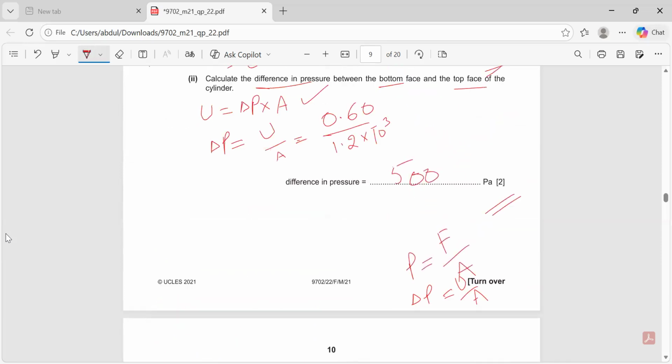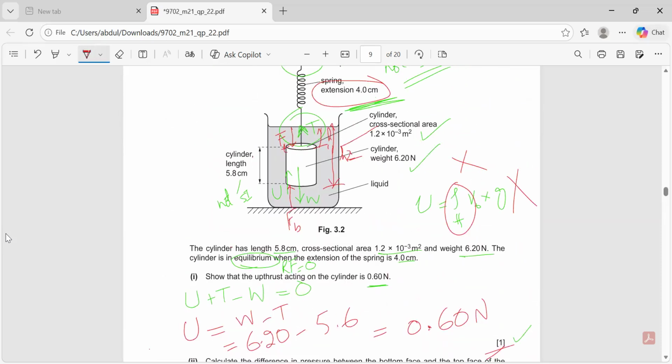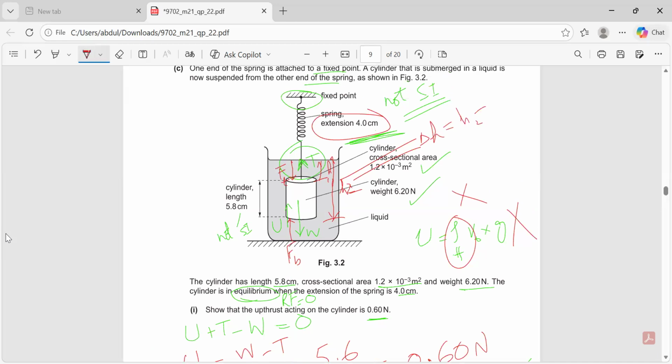Now, what is delta h? That is the difference in height. See, I have already tried to explain here. So difference in height will be equal to H2 minus H1.